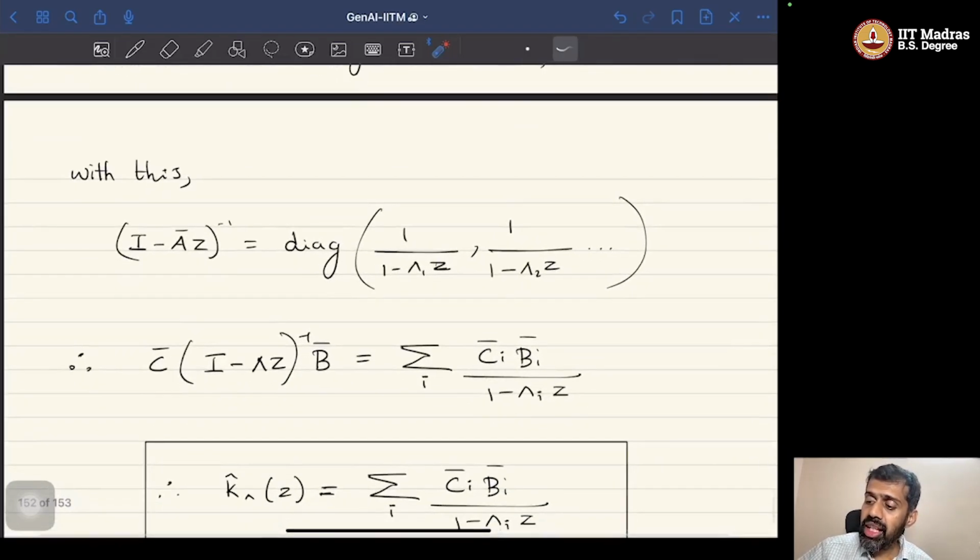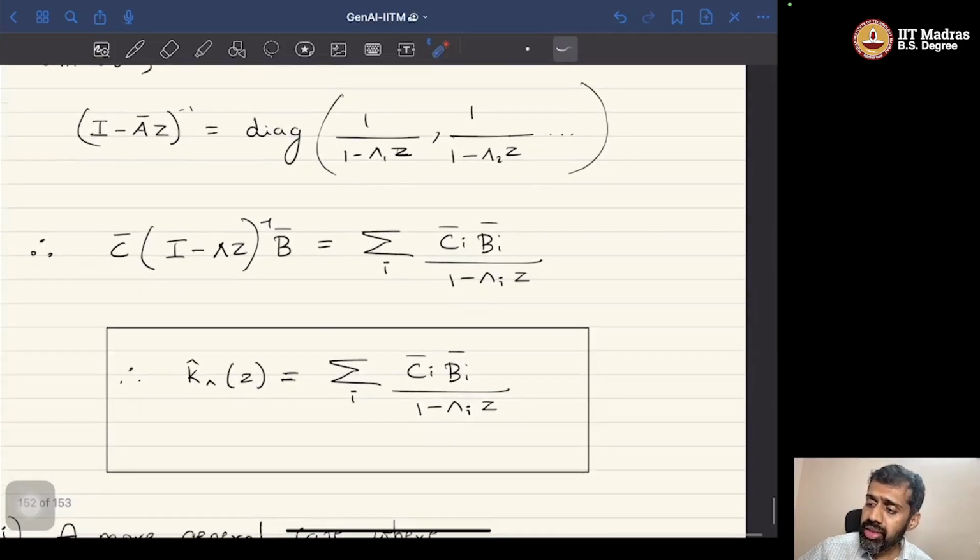With A being diagonal, if one needs to compute the inverse of I minus A bar times Z, then it is very simple to show that this would be diagonal of 1 by (1 minus lambda 1 times Z), 1 by (1 minus lambda 2 times Z) and so on, where lambda 1, lambda 2 are the elements of the matrix A bar.